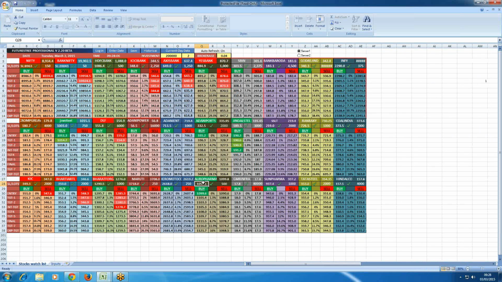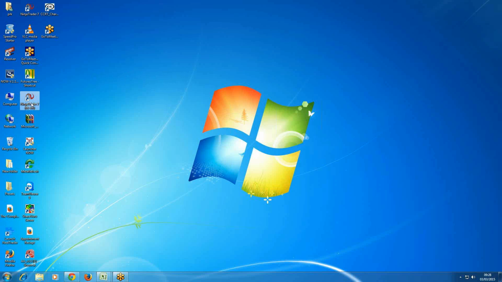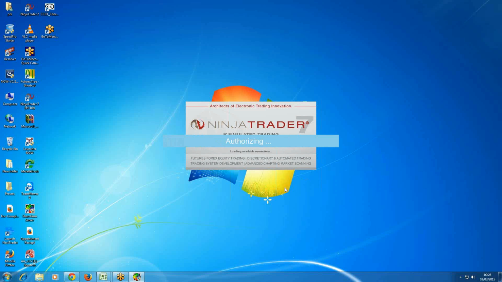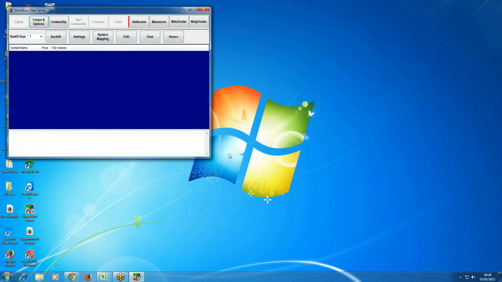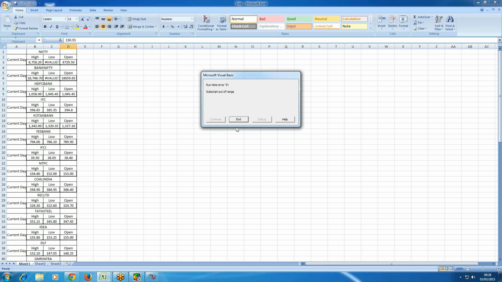There is another strategy for how you can trade with the combination of two softwares. For that, let me just open my Tradingtree charts. So I'll open the charts.